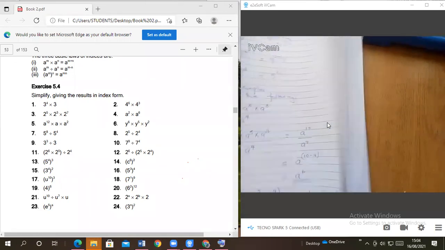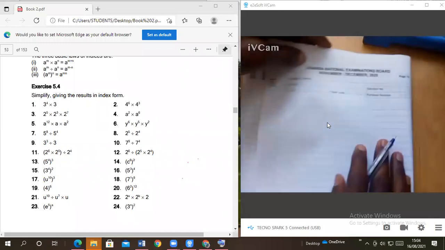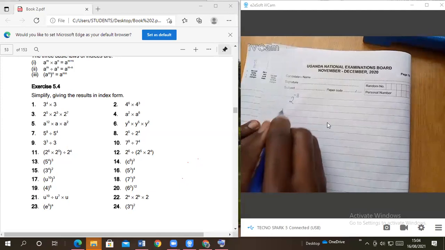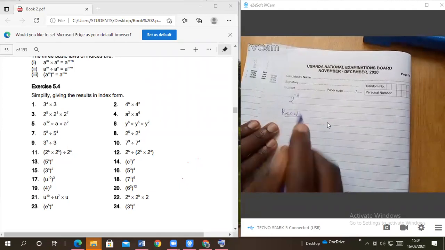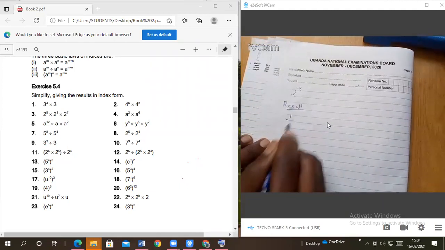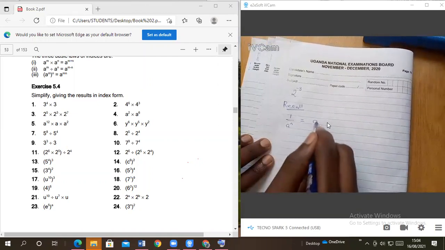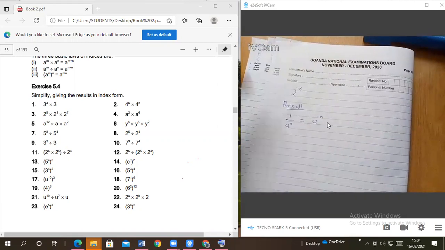If you recall, I said that 1 over a to the power n is the same as a to the power negative n, and the reverse is true.